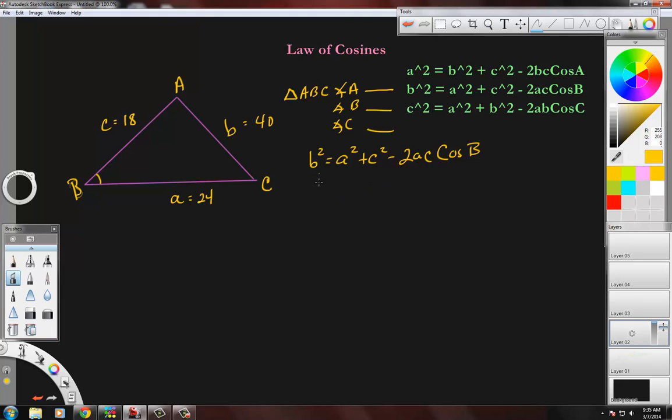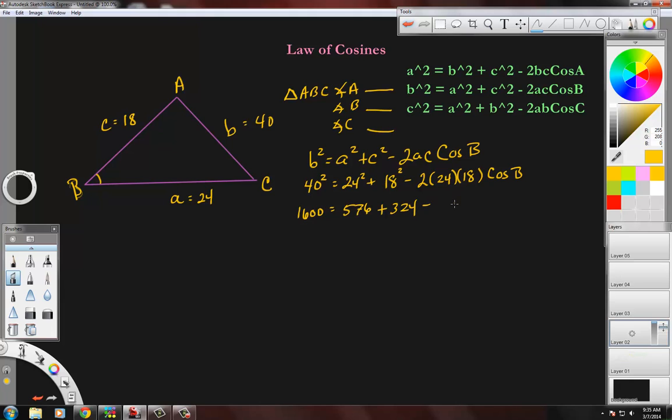So we just start plugging everything in. I have this worked out, so I'm just substituting in, and I'm going to skip the hitting the buttons part to speed this up a little bit. That's 40 squared equals 24 squared plus 18 squared minus 2 times a, which is 24, times c, which is 18, cosine B. Now we work this out. 40 times 40 is 1600 equals 24 squared, which is 576, plus 18 squared, which is 324.